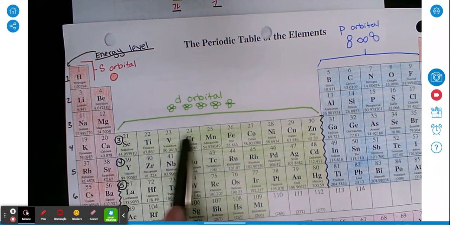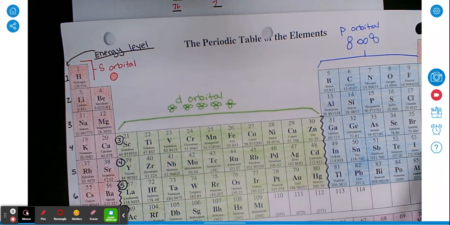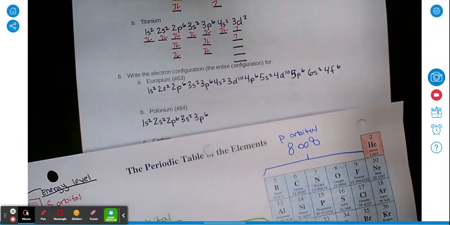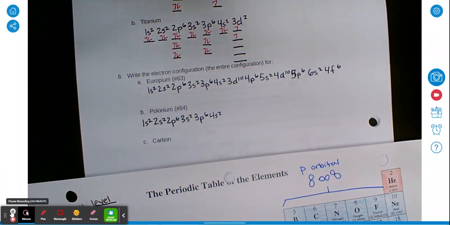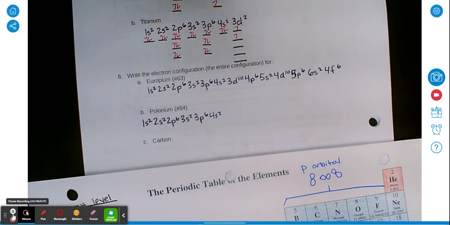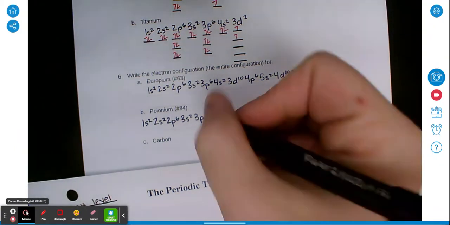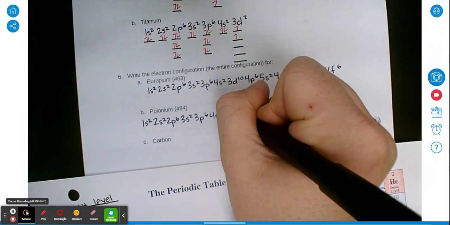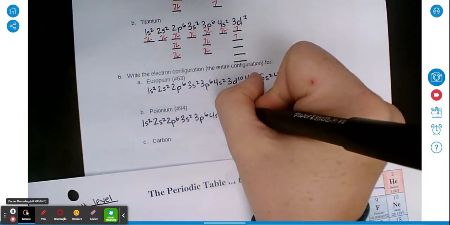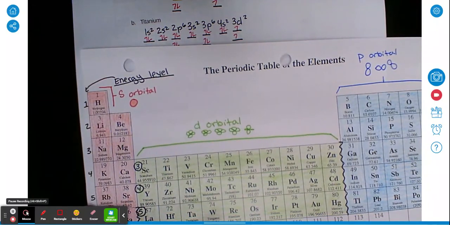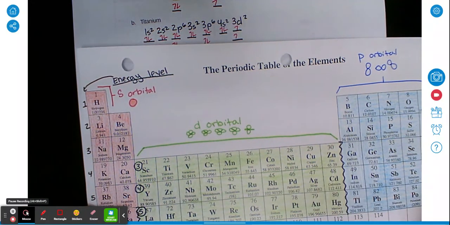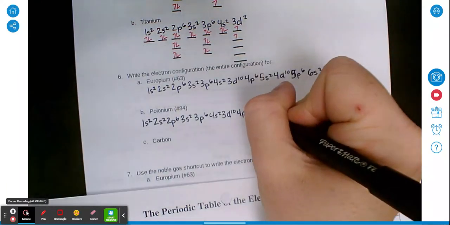Okay, row 4. 4s2, 3d10, and then 4p6. All right, row 5. 5s2, 4d10, 5p6.